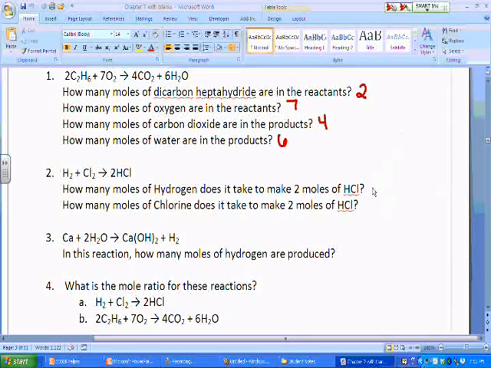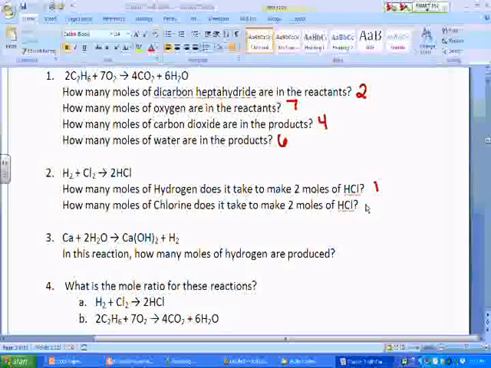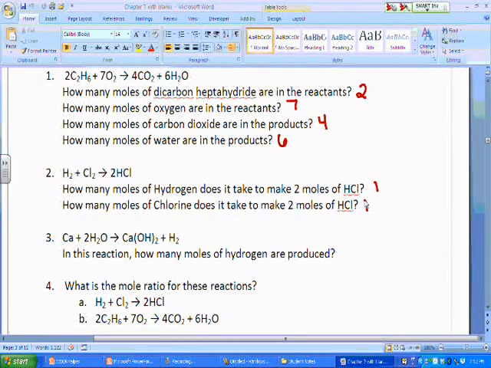Let's move to number 2. How many moles of hydrogen does it take to make 2 moles of hydrochloric acid, or HCl? It takes 1 mole. How many moles of chlorine does it take to make 2 moles of HCl? It takes 1 mole. Then let's go to number 3. In this reaction, how many moles of hydrogen are produced?